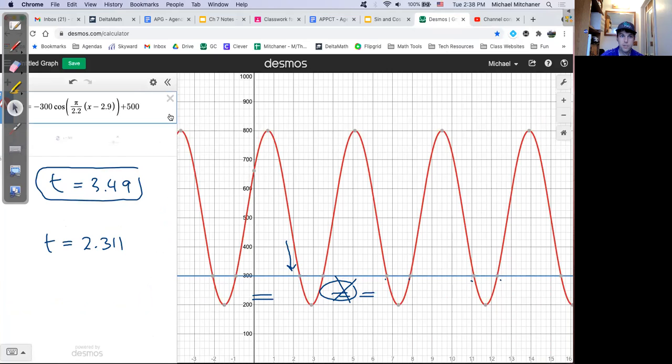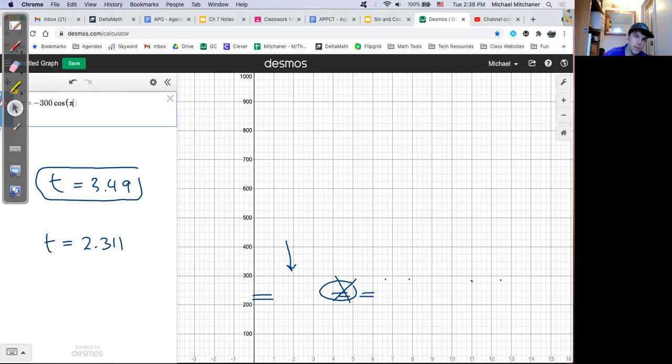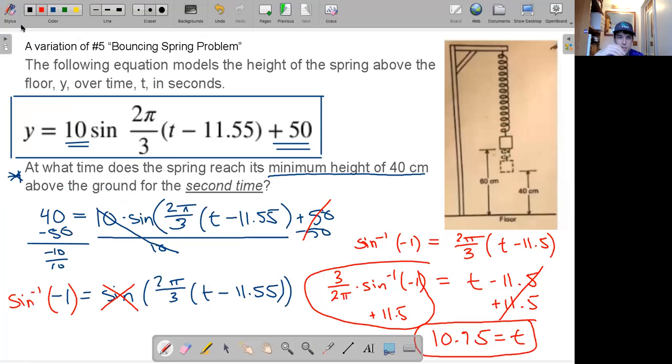We gotta adjust some things. And let's put in our new equation. So it's 10 sine (2 pi over 3 x minus 11.5), close parentheses, plus 50. I'm going to double check that equation. Yep, looks good.